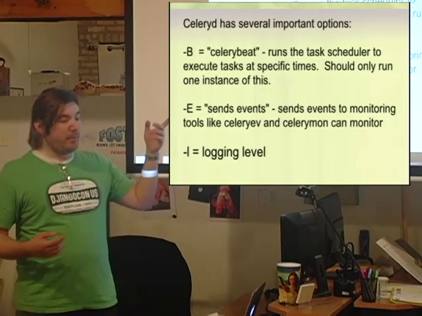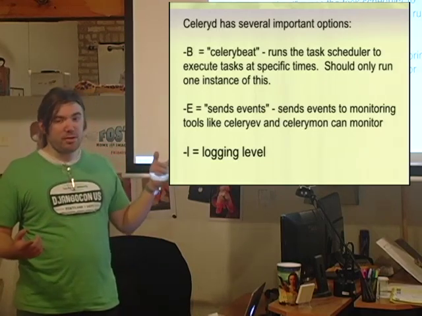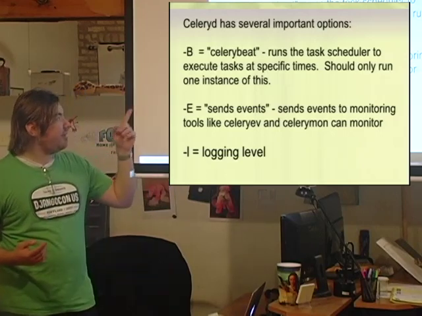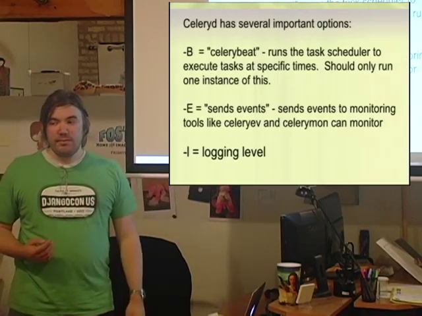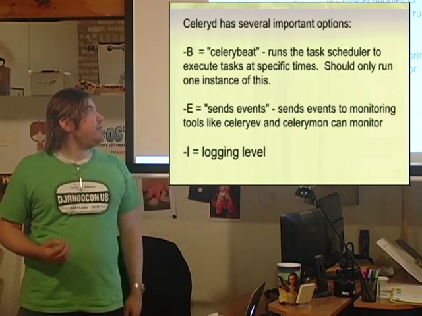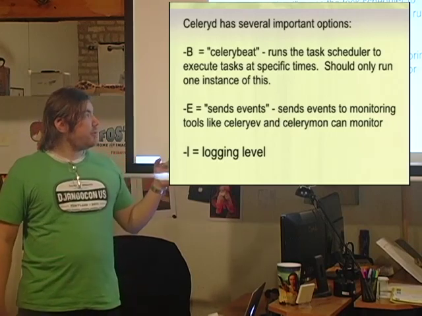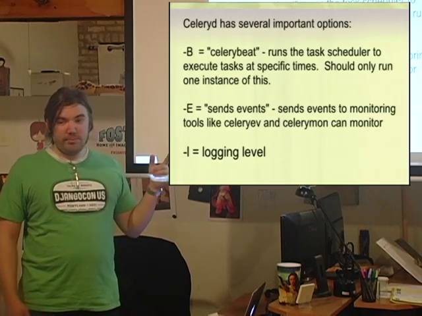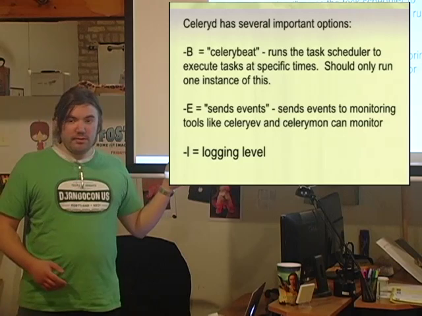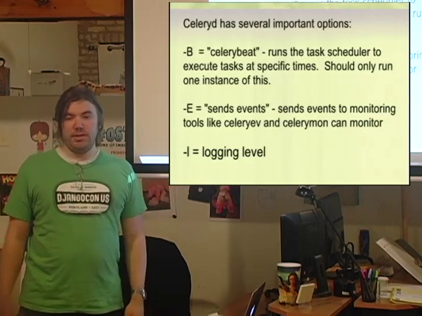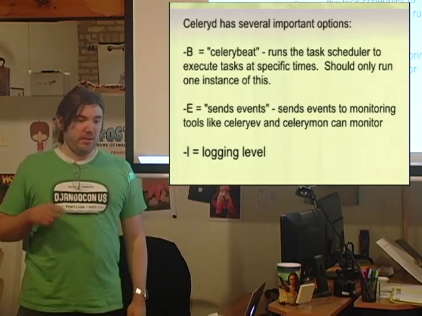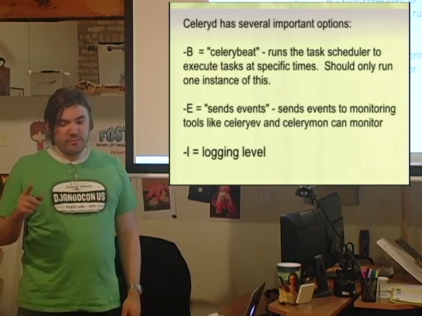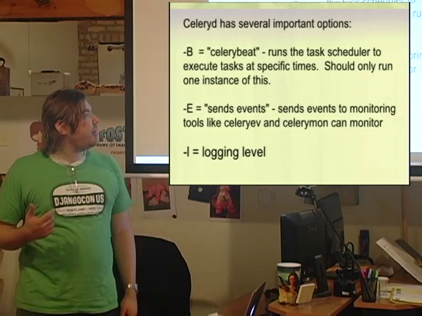And there's also a separate management command called celerybeat. You can run it separately if you don't want to pass the option, but I find it convenient to use the -B option. One thing to note, though, is there should only be one instance of Celery Beat running. So if you have 10 workers, only one worker should be instantiated with the -B option, or only one version of the celerybeat management command should be running.